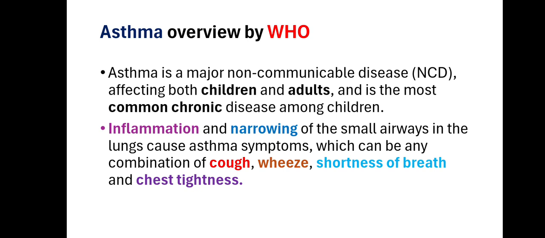This inflammation and narrowing of the small airways is what leads to all the signs and symptoms that the patient is going to manifest with. For example, someone can have cough, wheezes, and shortness of breath, including chest tightness. These are classical signs and symptoms of asthma.